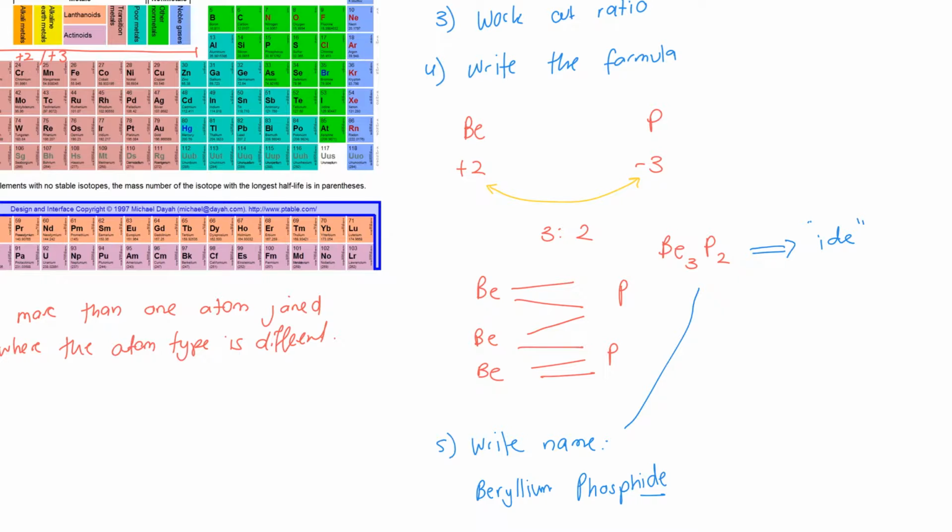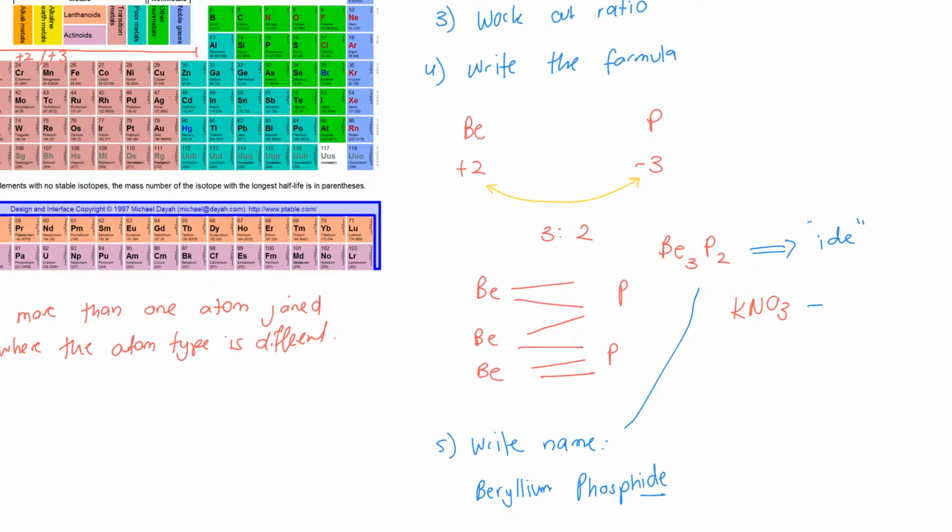If it's, say, something like potassium nitrate here, you can see that there's a metal and 2 non-metals. Now, because it's got an oxygen in it, we then call it potassium nitrate instead of nitride.